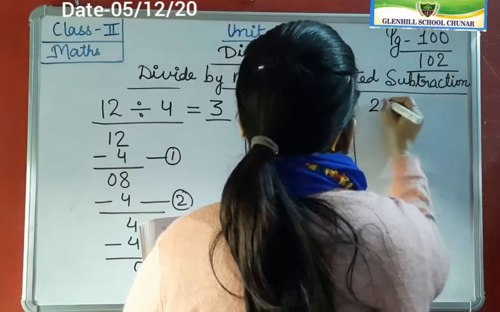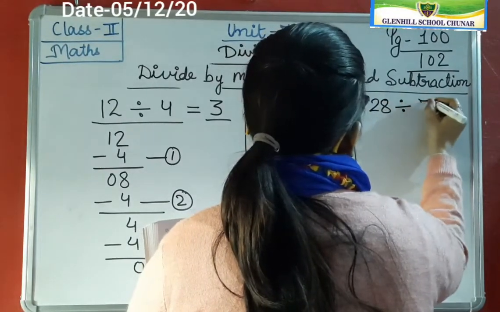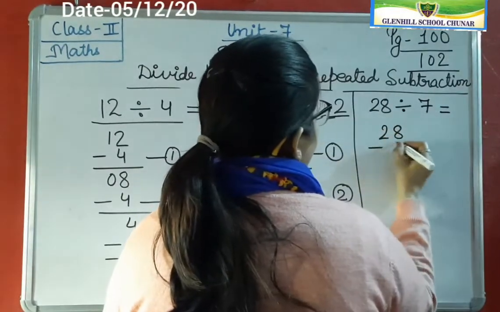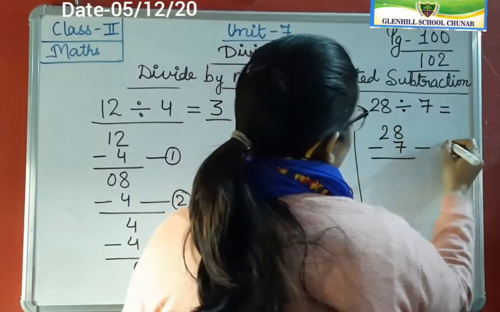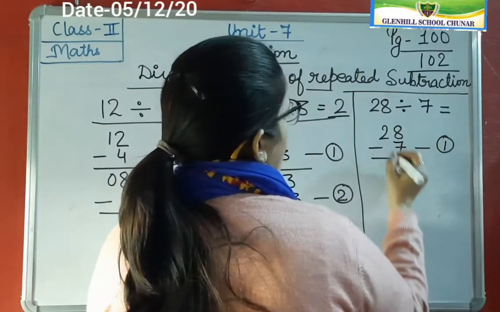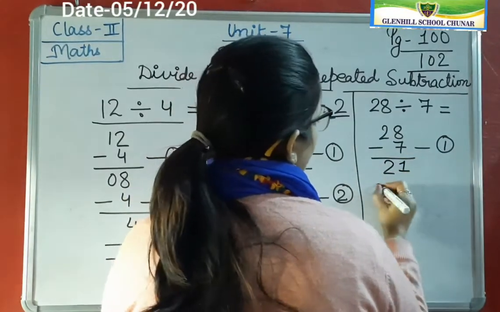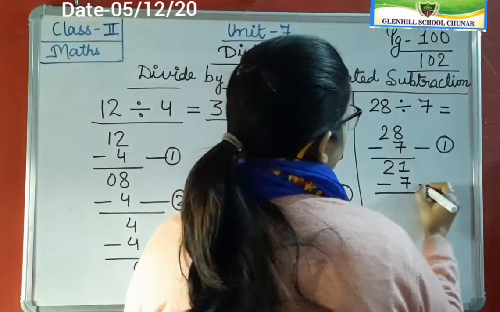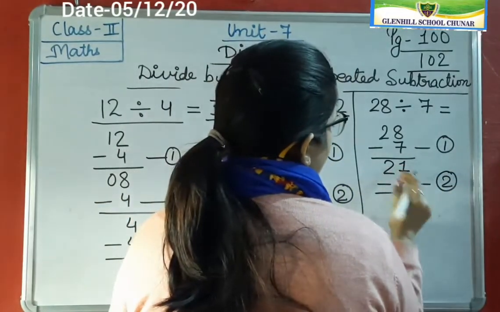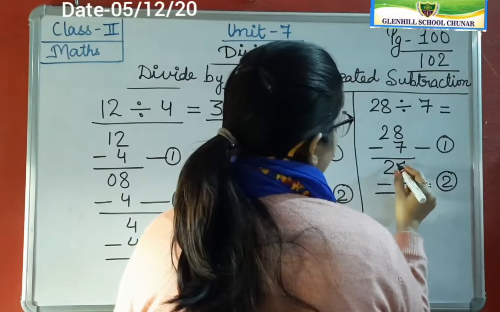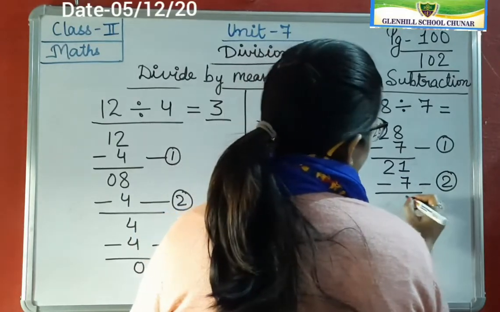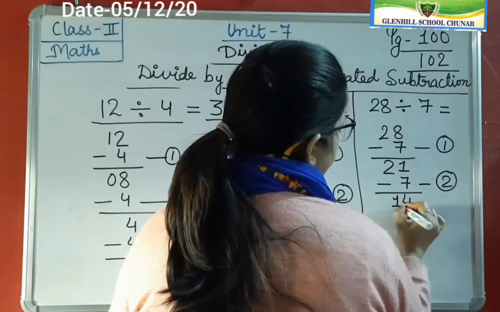Now 28 divided by 7 is equal to, now from 28 you will minus 7 one time, it comes 21. Again minus 7, 2 times, 14.